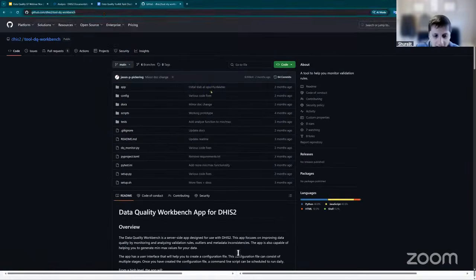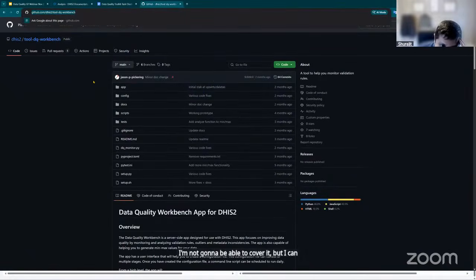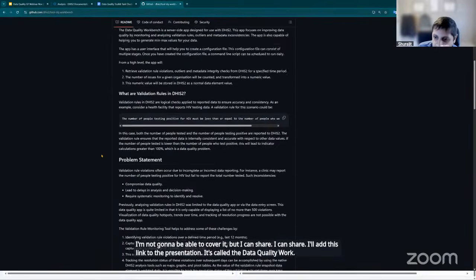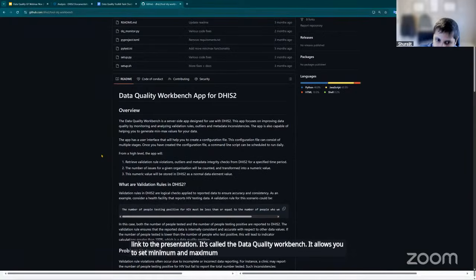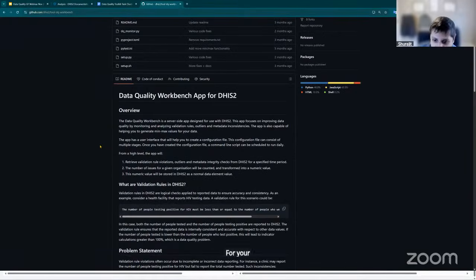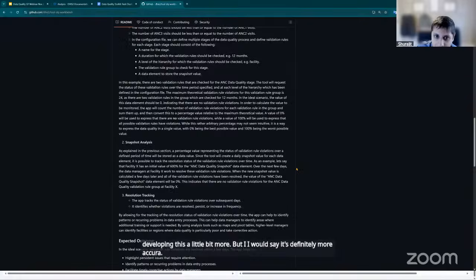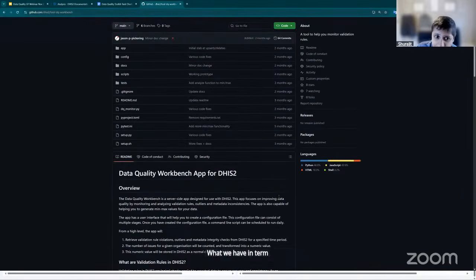I'm not going to be able to cover it, but I'll add this link to the presentation. It's called the Data Quality Workbench. It allows you to set minimum and maximum values for your entire DHIS2 system. This is the tool I would suggest. We're still developing it a little more, but it's definitely more accurate than what's built into DHIS2. So this is a possible way to do this.